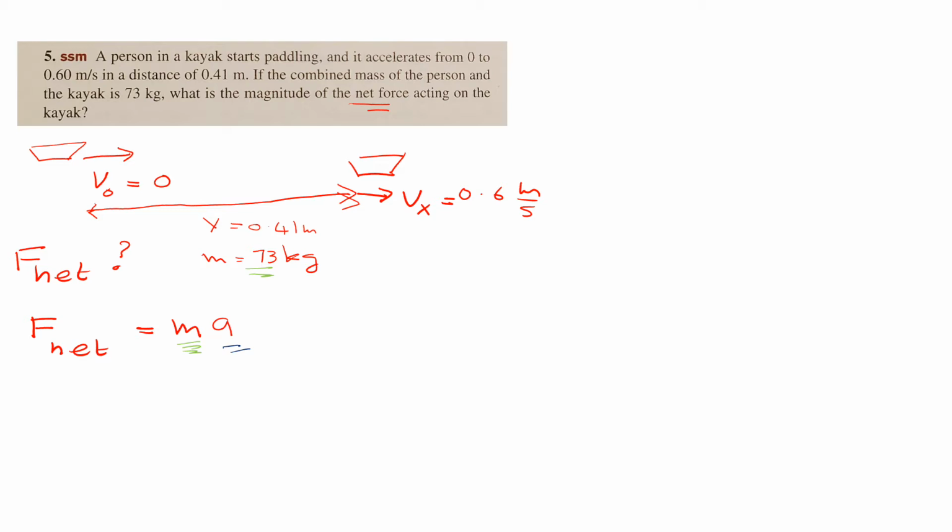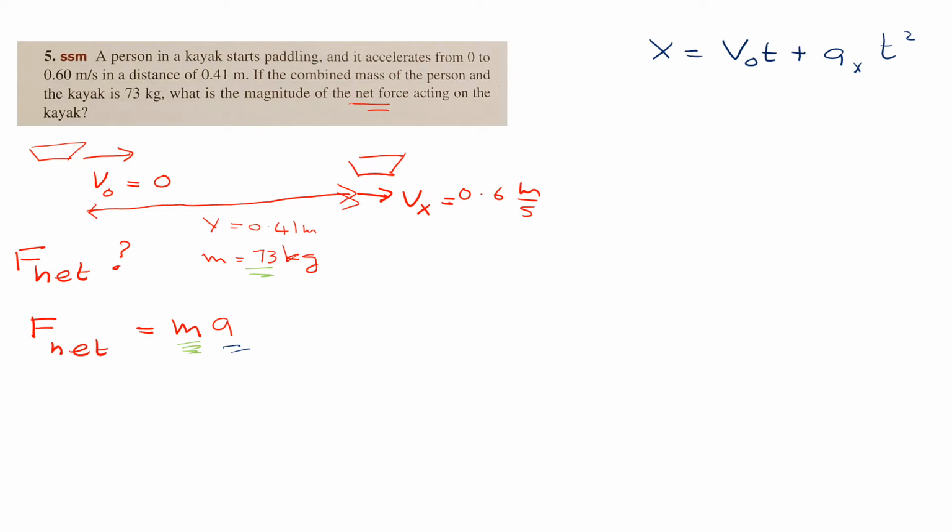Let me write a couple of equations. X equals V naught T plus one half AX T square: displacement is equal to initial speed times time plus one half acceleration along the x direction times time squared.